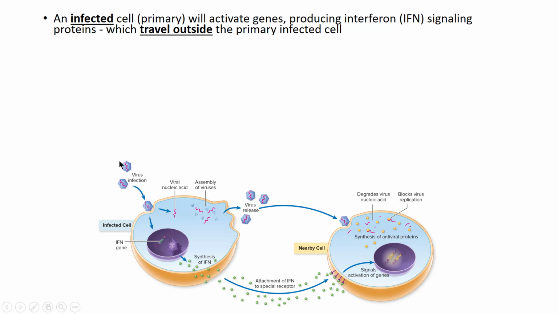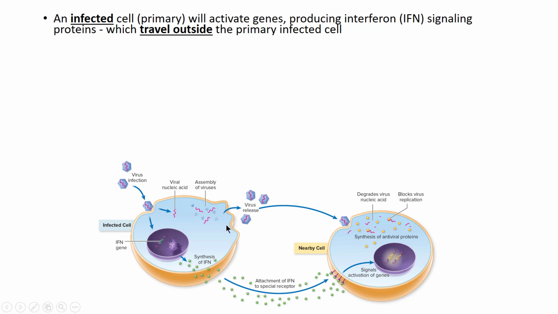Now, unfortunately for the infected cell, the interferon activation doesn't help it. So this is kind of an altruistic mechanism. What happens is the infected cell, what I'm calling here the primary cell, will turn on genes that produce interferon, IFN, which is basically a signaling protein.